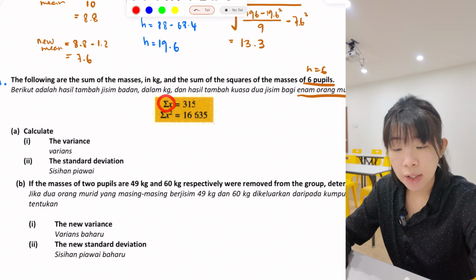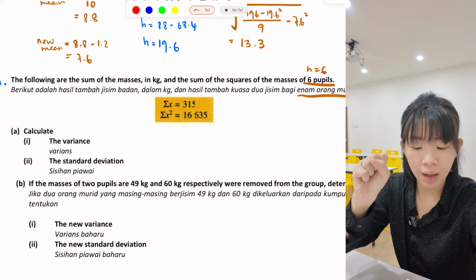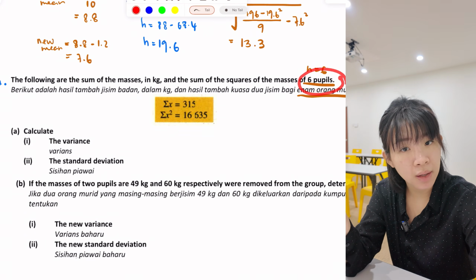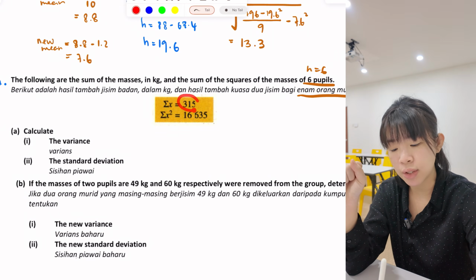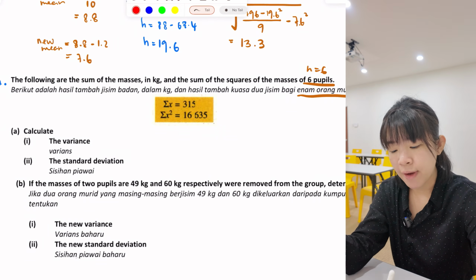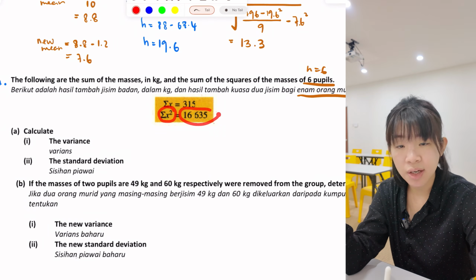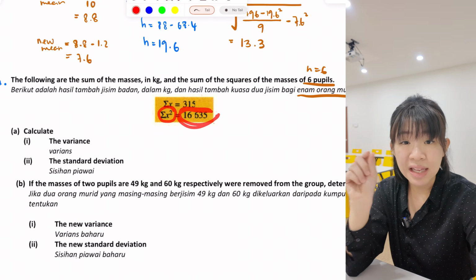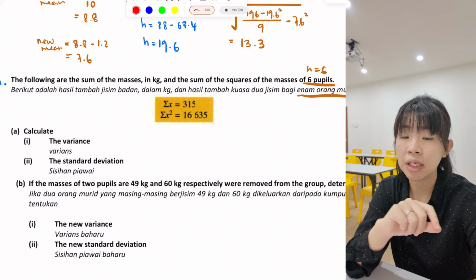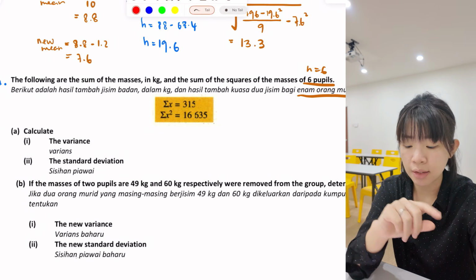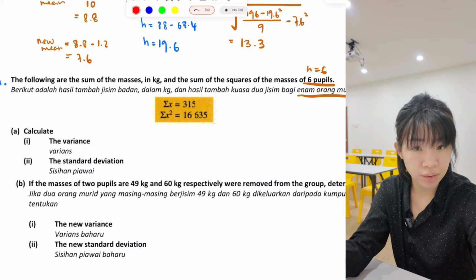Sum of x means all the data added together, so adding the 6 pupils' masses gives 315. Sum of x squared is 16,635. How do we get this number? Each person's mass you square first, then you add, square and add, so the total is 16,635.